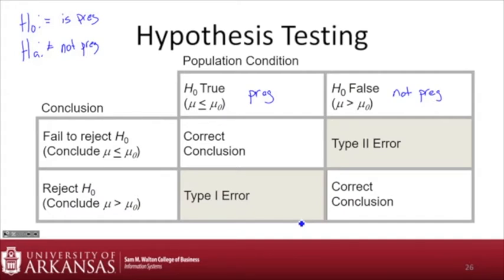If we fail to reject our null hypothesis, that means we're keeping it. We like it. Then what's our conclusion? You're pregnant. And if we reject our null hypothesis, I don't like you, then we're going to keep our alternative hypothesis that you are not pregnant.